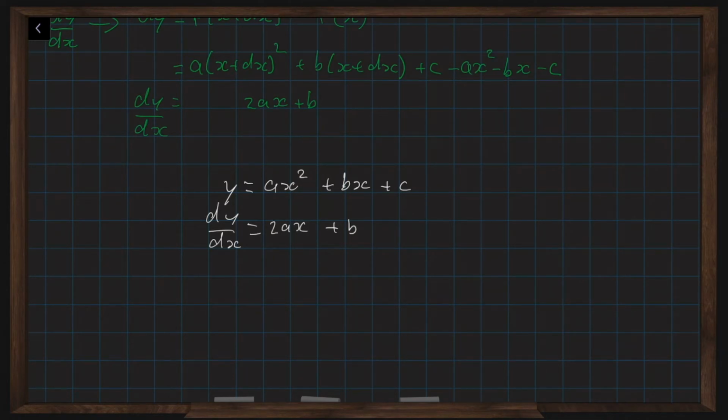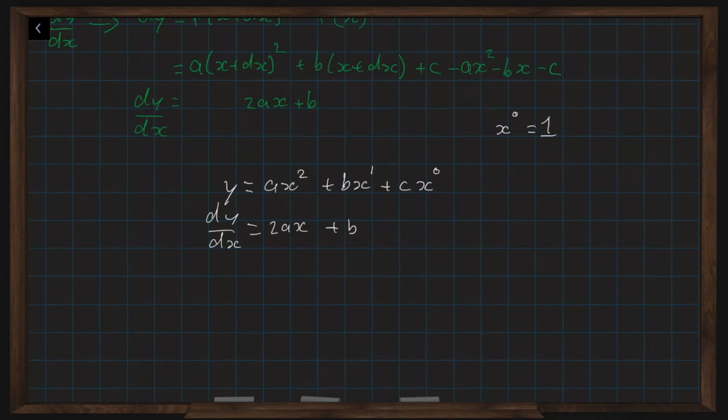But let's expand our notation a little bit. We have ax squared, so that's a times x to the second power. We have b times x, and that is b times x to the first power. And we can also say that c is c times x to the 0th power, because x raised to the 0th power is equal to 1.